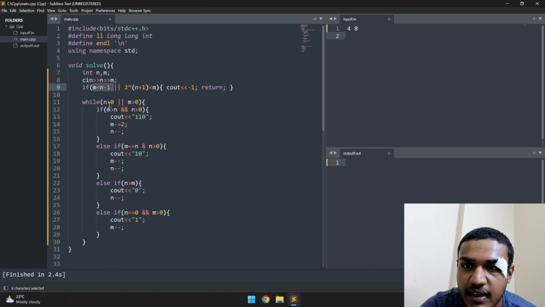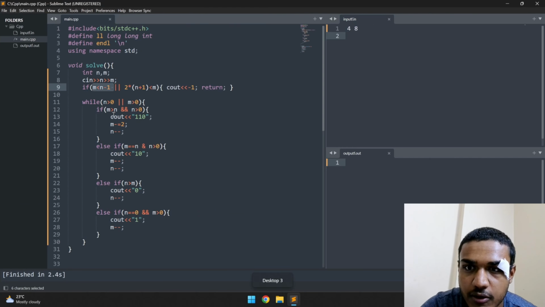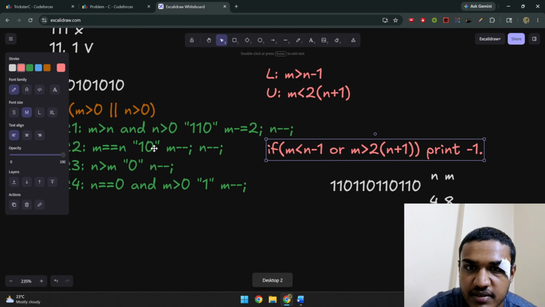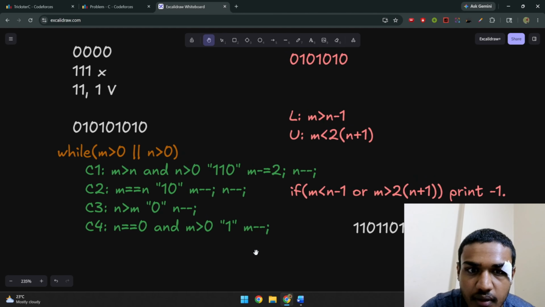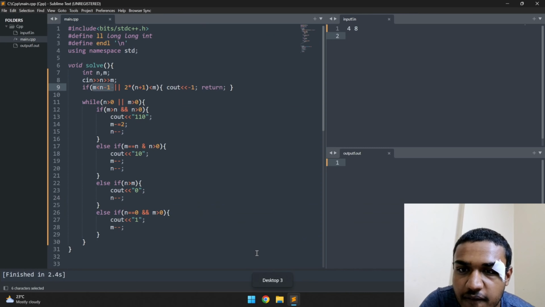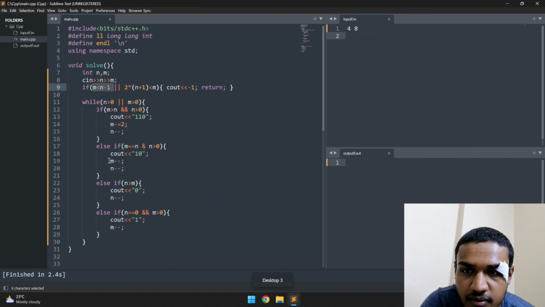Then while n is greater than 0 or m is greater than 0, we have the same thing. So we'll be printing 110 for m greater than n and n greater than 0, which is completely the same thing that I've written here. Then if m is equal to n, we'll print 10 and subtract 1 from m and n both.